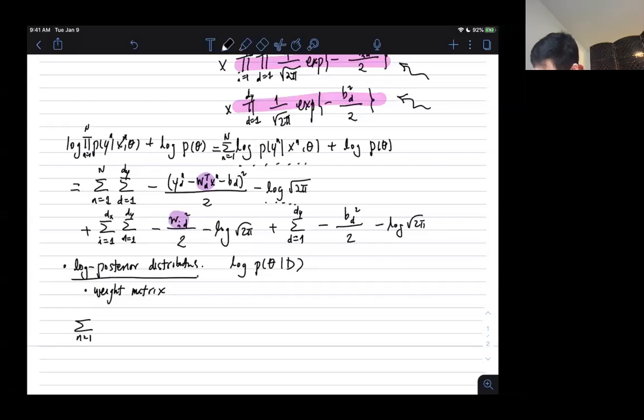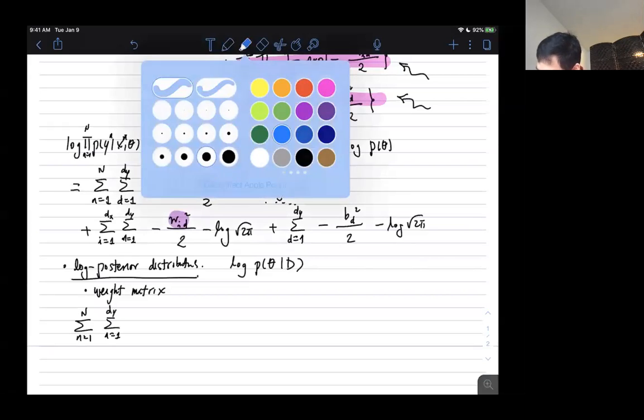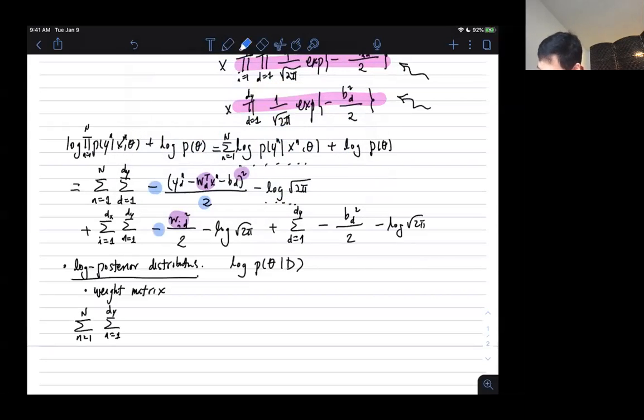So n goes from 1 to n, and d from 1 to dy. Now here with a y minus w transpose xn, we have the square here, right? So we have to be careful about this square. The first thing I notice is that there's always a minus 2 here, so we can just take it out to the front to make it easier.